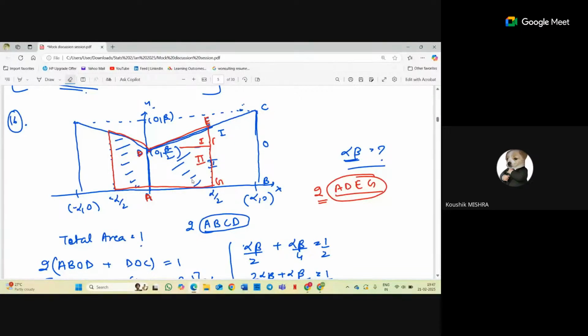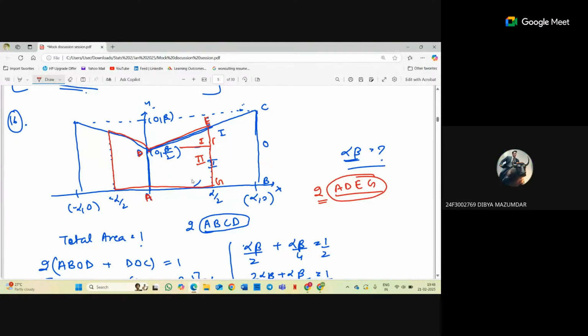But this time, ma'am, area is not equal to 1. We have to find out that area. Ma'am, are you going to use the Chebyshev inequality here?